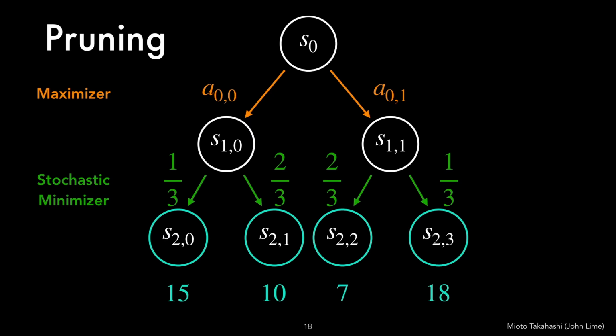By multiplying the return with the respective probabilities and adding them, we can calculate the return for the previous states. In this example, they are 11.7 and 10.6. The maximizer still chooses its action deterministically, so the expected return for S0 is still 11.7.